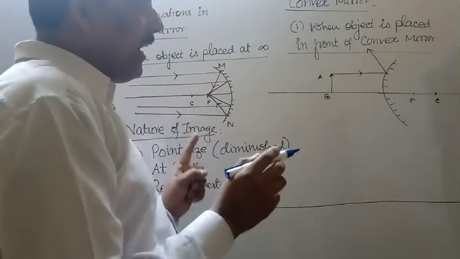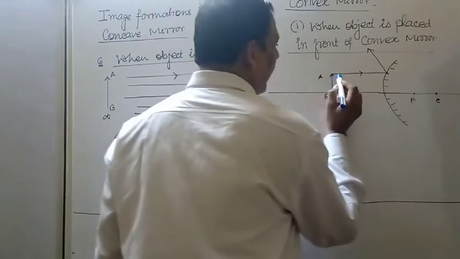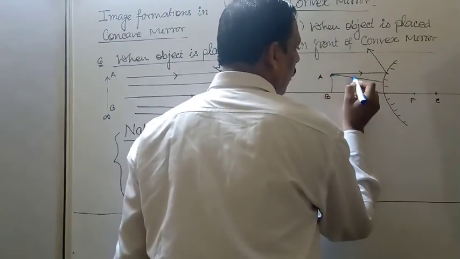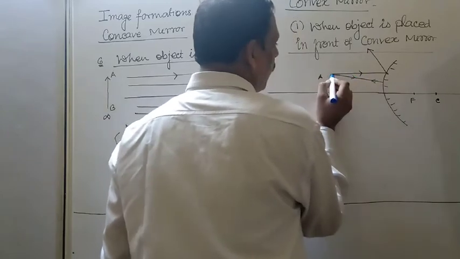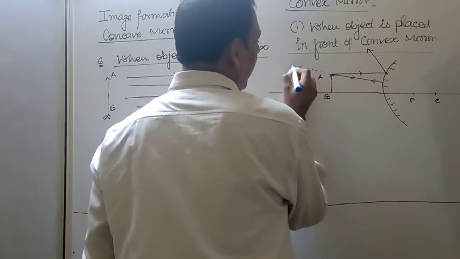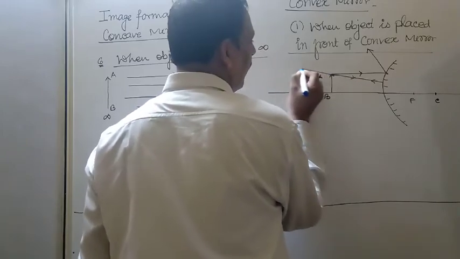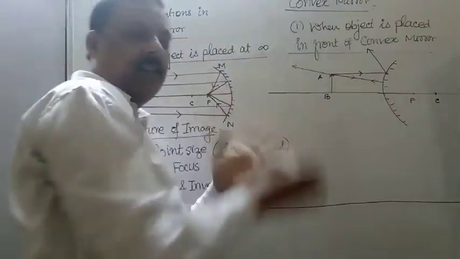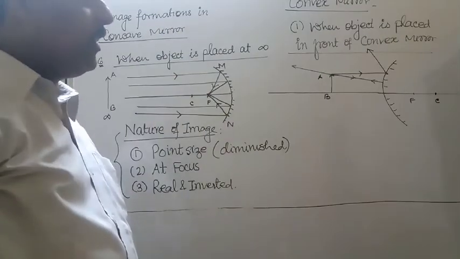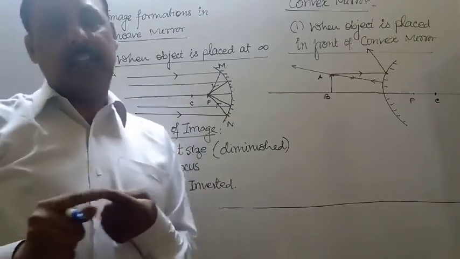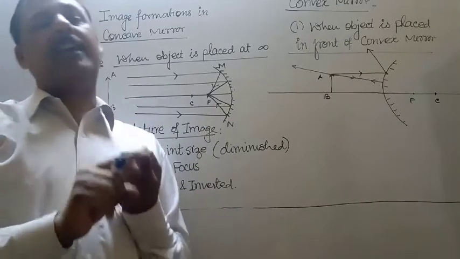And the second ray, which goes towards center of curvature, will come back. When they go this side, these two rays will never meet. Then where will they meet? Because to find the image, two rays must meet at one place.